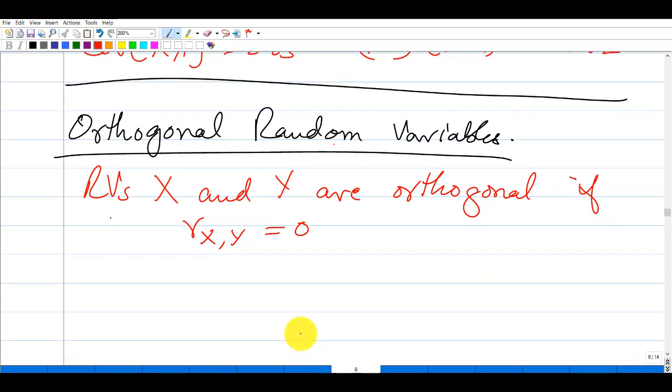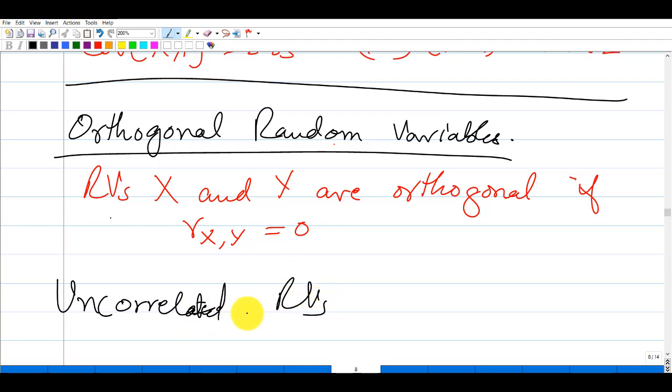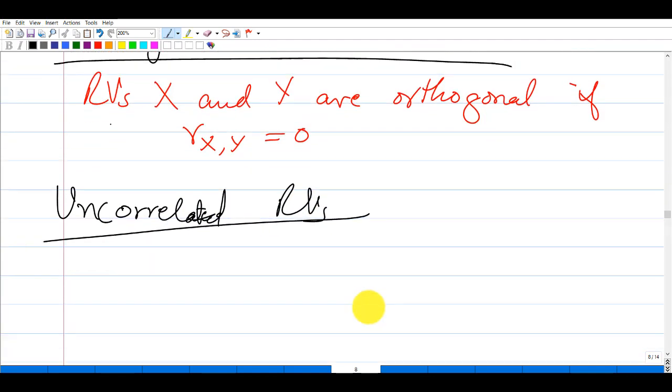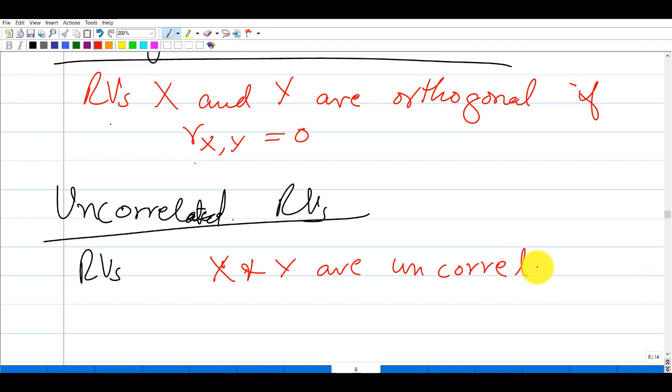Similarly, there is another terminology: uncorrelated random variables. Random variables X and Y are uncorrelated if their covariance is 0.